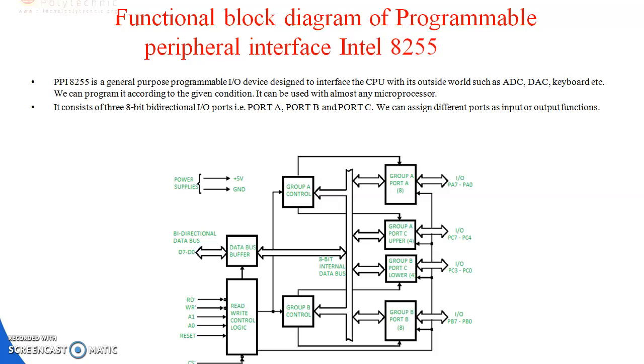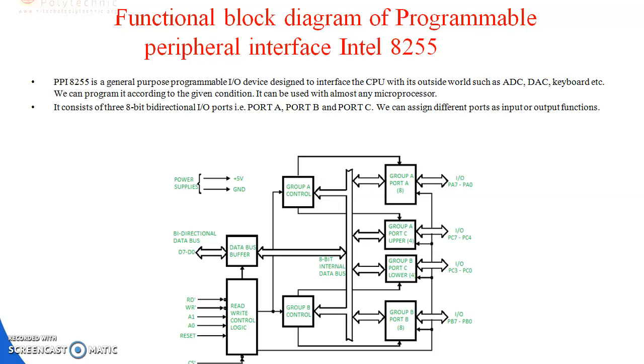It can be used with almost any microprocessor. It consists of three 8-bit bidirectional input-output ports, that is port A, port B and port C, and we can assign different ports as input or output functions.